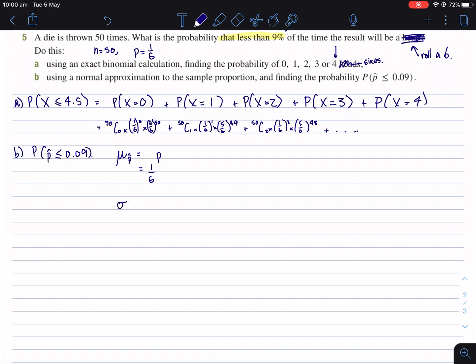The standard deviation for the sample proportions is the square root of PQ on N. So here we've got the square root of 1/6 times 5/6 over 50. So it's the square root of 1 over 360. I'm just going to leave it like that.